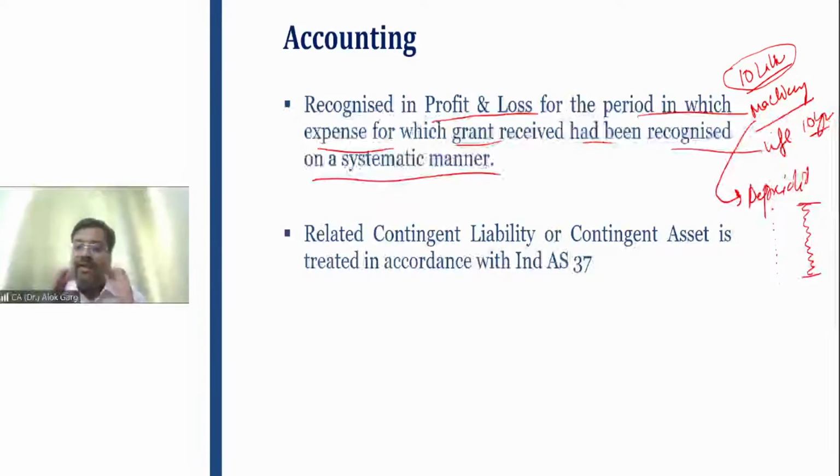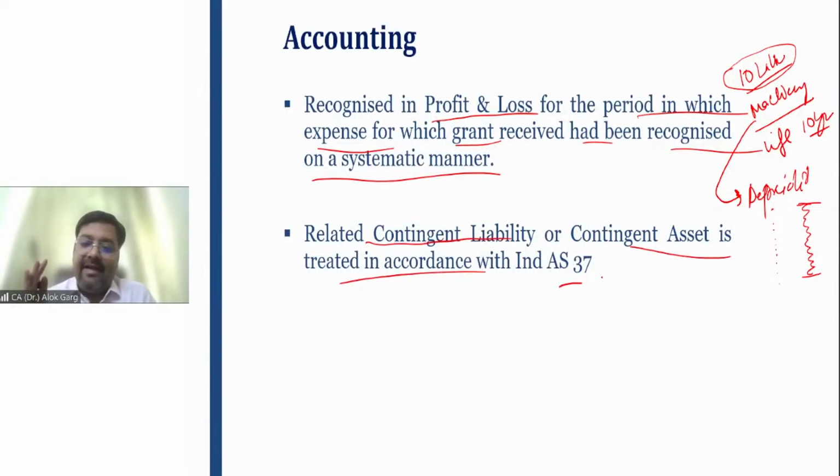I know that there is a reasonable certainty that the grant will be received and the entity will be able to comply with the condition, or there could be a scenario where the grant has already been received, and the entity is reasonably certain that it will be able to comply with the condition. So friends, since the time period has not elapsed, the standard says that the related contingent liability or contingent asset has to be shown in accordance with Ind AS 37.